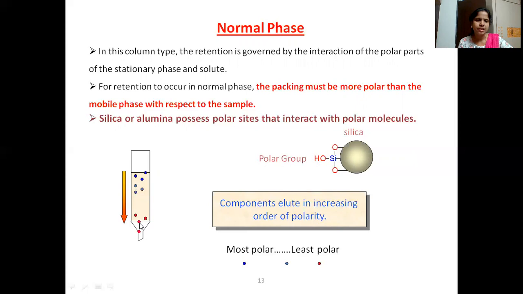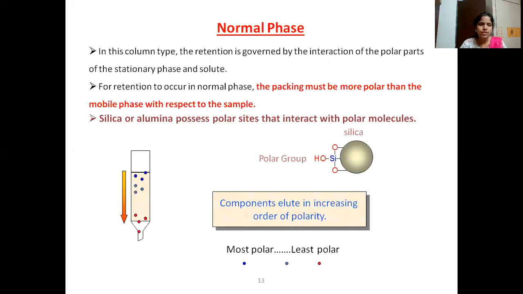The same principle is observed in all the techniques: the more polar the stationary phase, the more it will absorb polar groups. So more polar groups are absorbed more onto the stationary phase, and the components eluted first will be less polar, because the mobile phase is less polar.